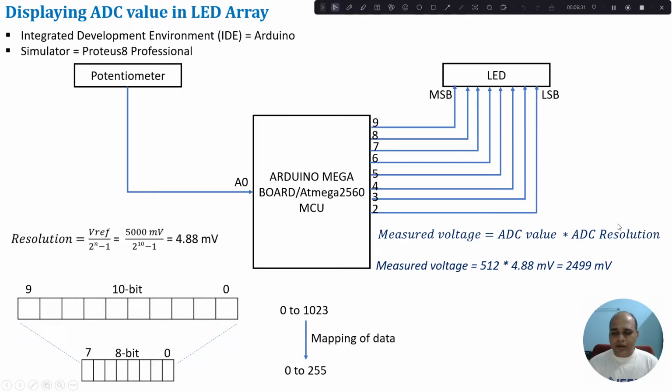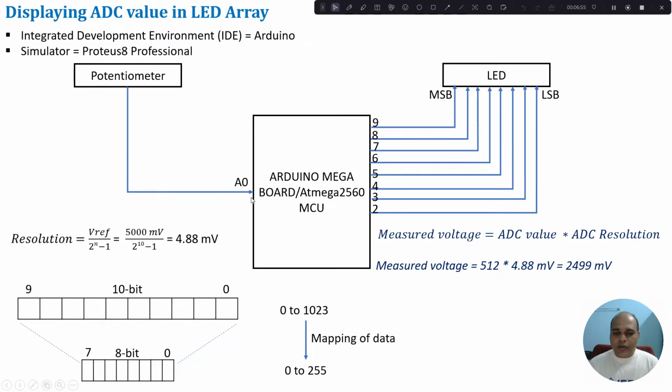For example, if my 10-bit value is 512, then this 512 is multiplied by 4.88 millivolt. This 4.88 millivolt is obtained by using a reference voltage of 5 volt and a 10-bit ADC. When I multiply it, we will get 2499 millivolt, which is equivalent to 2.5 volt.